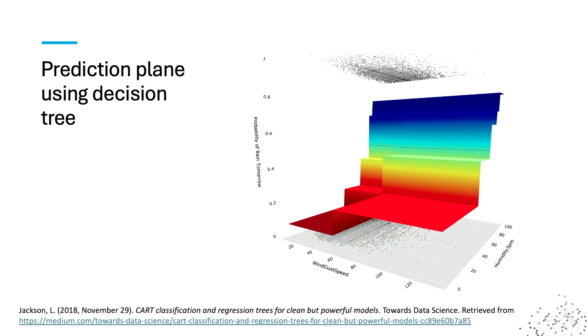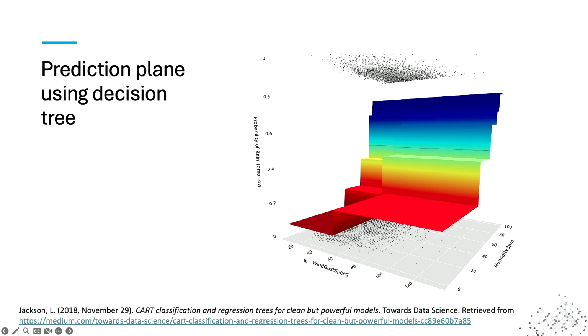Here, using the decision tree, we plotted a prediction plane, with wind speed and humidity. So we have two features, and the probability of raining tomorrow.